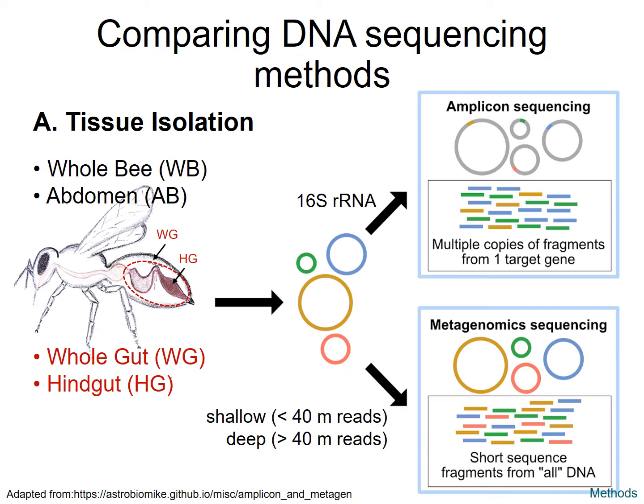The other approach was metagenomic sequencing, which is seen here on the bottom right. This method sequences all that is present within a sample. We compared sequencing at the shallow level, which corresponds to a coverage at less than 40 million reads, and at the deep level, which corresponds to coverage at greater than 40 million reads.